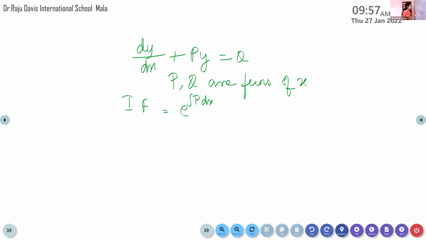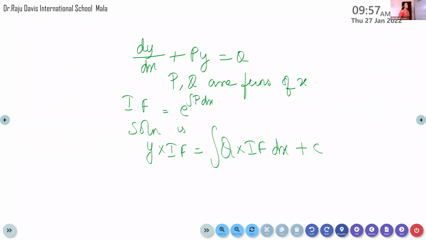Then the solution is given by the formula: y into integrating factor is equal to integral of q into integrating factor into dx plus c. This is the formula we learned in the last class.